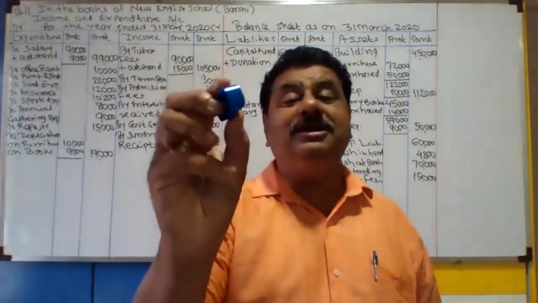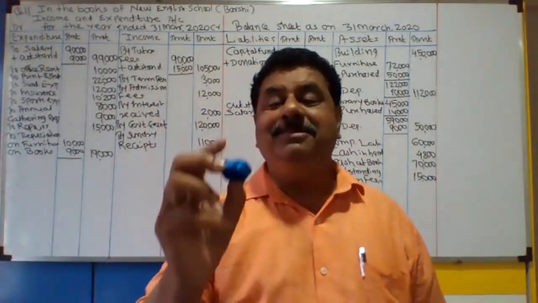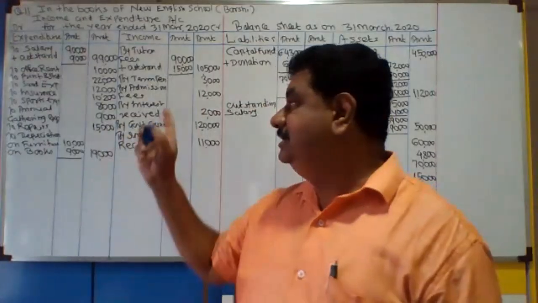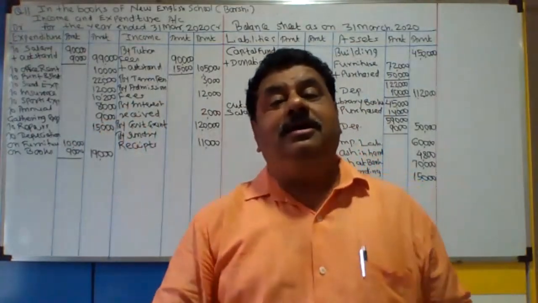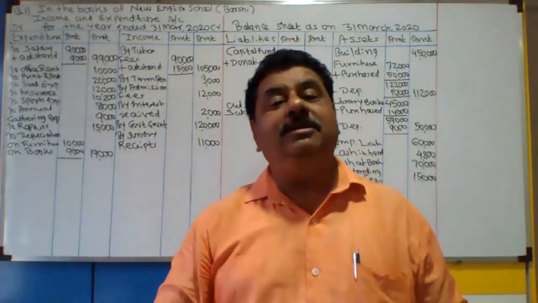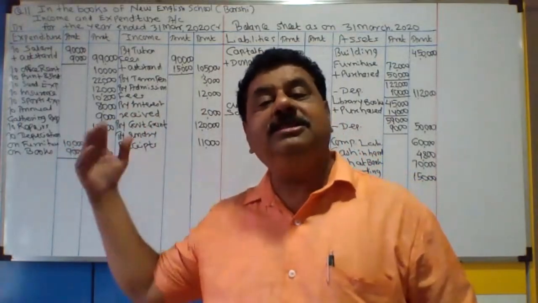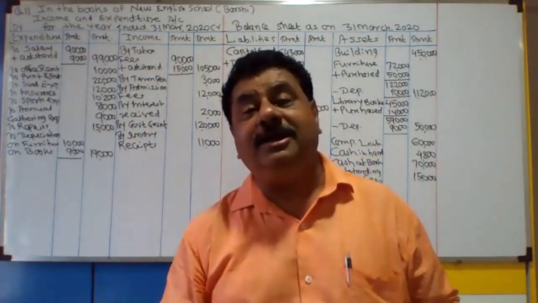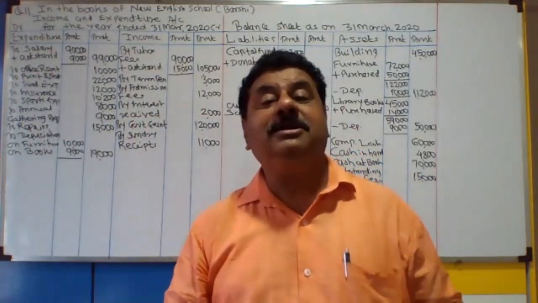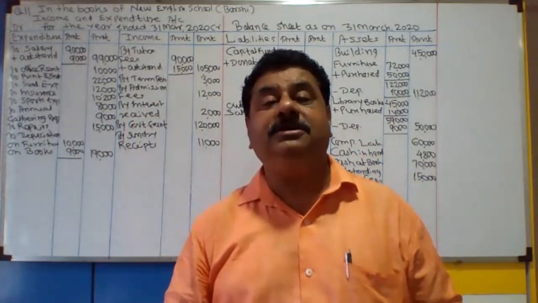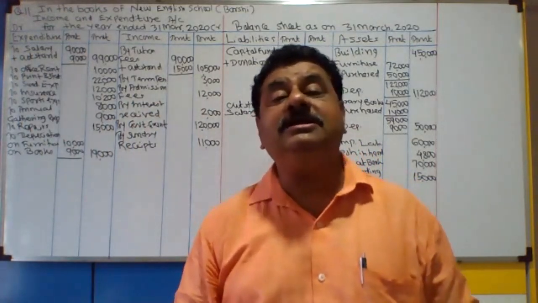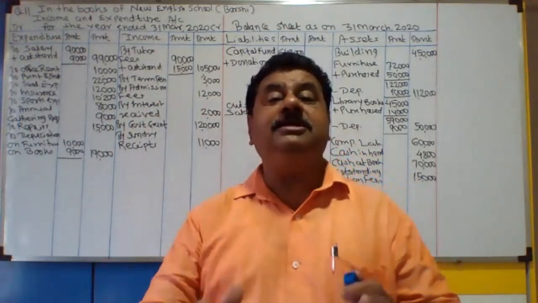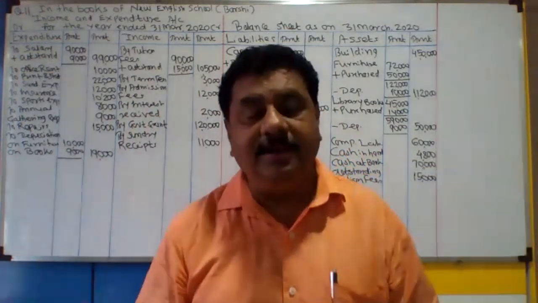But still it is not treated as an asset because this is a very cheap item and it is recorded to either profit and loss account debit side or here income and expenditure account debit side. On the other hand, whenever you are purchasing motor car, machinery, furniture, that is treated as an asset because it is having not only the long life, but it is having the big value as well.